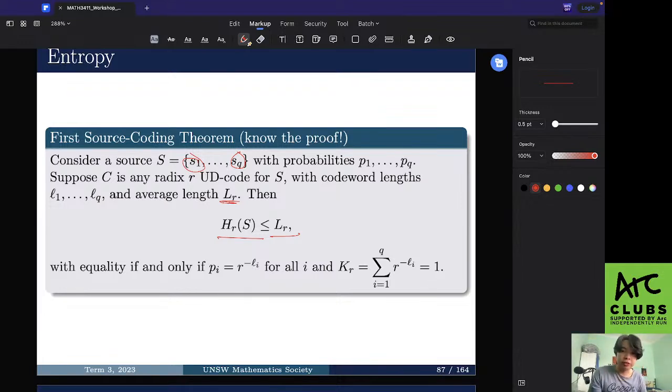And L is our average length for the code word. So, since you always need the entropy amount of bits of information on average, our average length is always going to be larger than our entropy. We also get equality if the probabilities are equal to R to the power of minus Li, and our Kraft-McMillan constant is equal to 1.